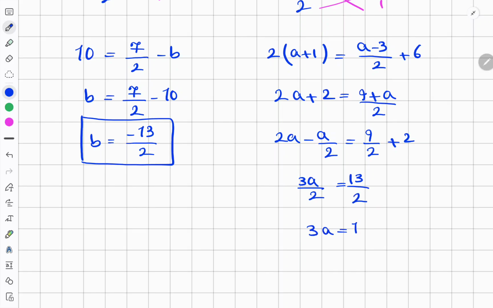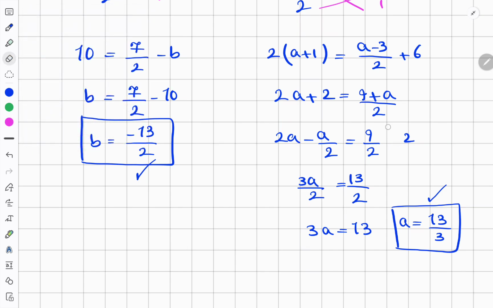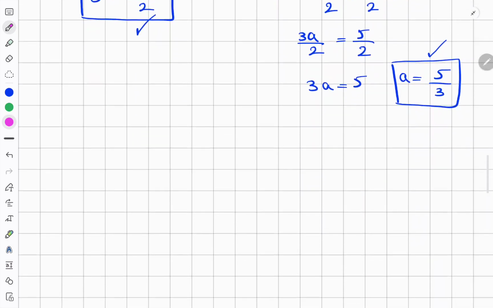So 3a is 5 and a is 5/3. I made a mistake earlier, but this is the value of a. Okay, perfect. So far, so good.